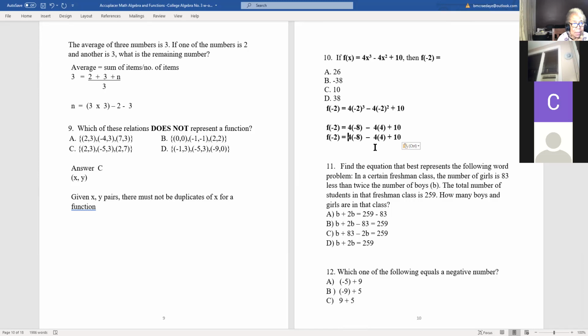A -32. Remember, Chastity, unlike signs multiply to give you negative. So a minus times a plus gives you a minus. And what's 4 times 4? 16.